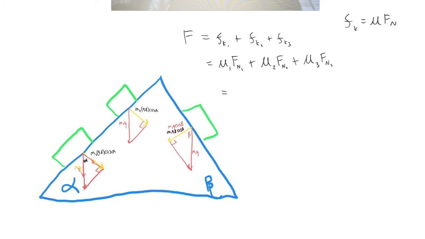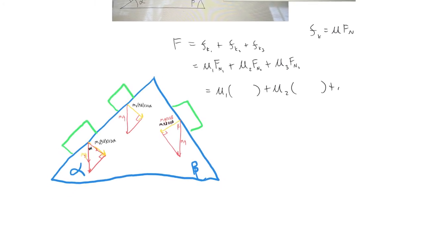So therefore, we're looking at mu 1 times something plus mu 2 times something plus mu 3 times something. Well, that something over here for box 1. Okay, we'll label it box 1, box 2, box 3.